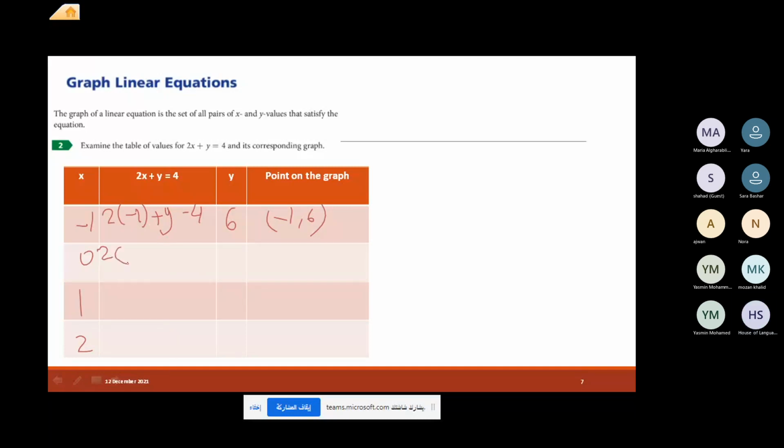Yes, bravo. That's right. Equals 4. Can you do it here, please? To show them how you find y.